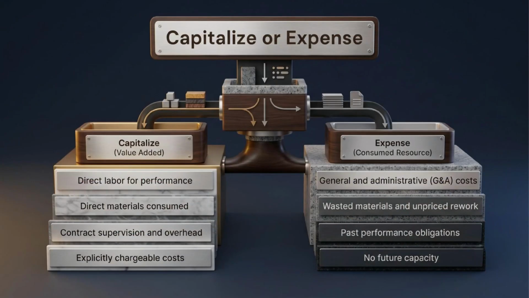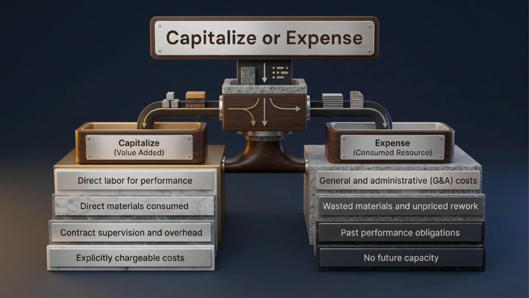Direct labor dedicated to contract performance, direct materials consumed in delivering the performance obligation, contract supervision, direct overhead allocations, and cost explicitly chargeable to the customer may be capitalized if the criteria are met. On the other side, general and administrative costs not explicitly chargeable to the customer are expensed.